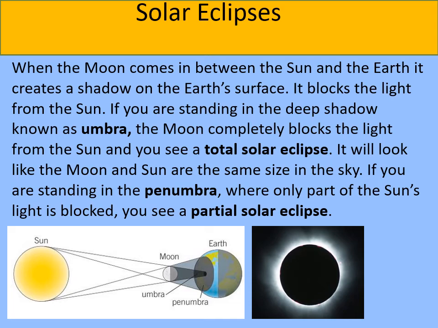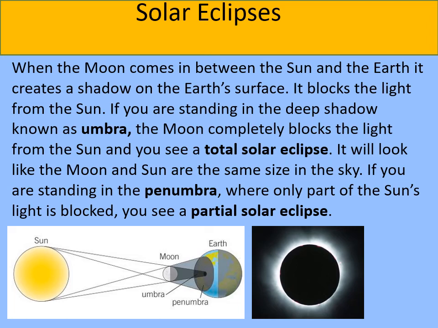Now just to be clear again, the only time in the lunar cycle that we can have the possibility of a total solar eclipse is when we have a new moon. The reason for that is because obviously that is the only time when the moon is going to be in between the Sun and the Earth. We don't get solar eclipses in reality all the time because the moon's orbit around the Earth is in a slightly different plane than the Earth's orbit around the Sun.